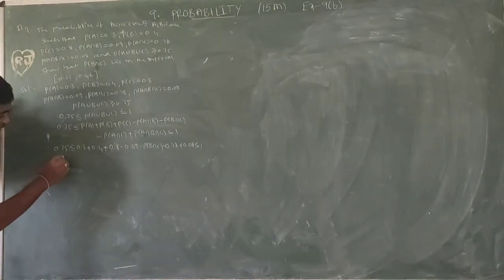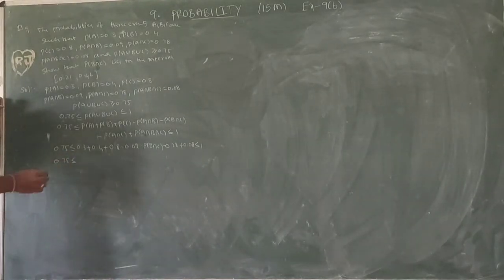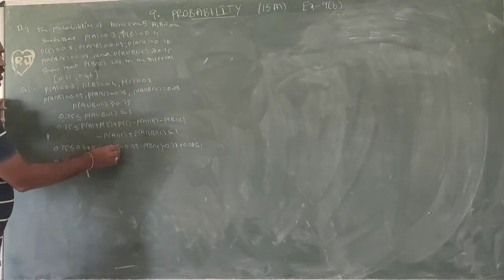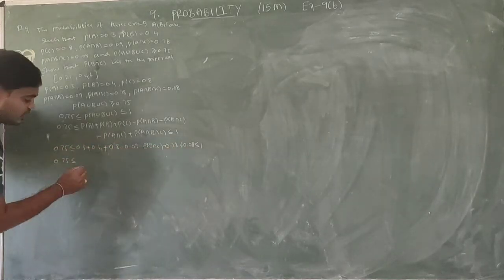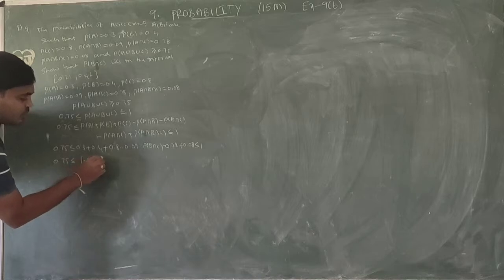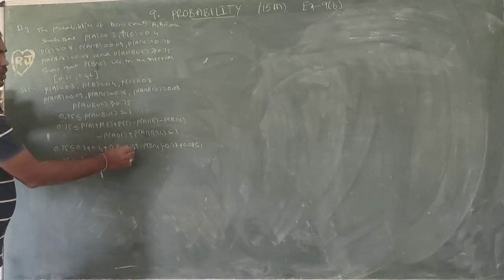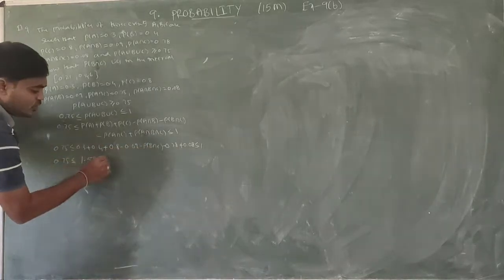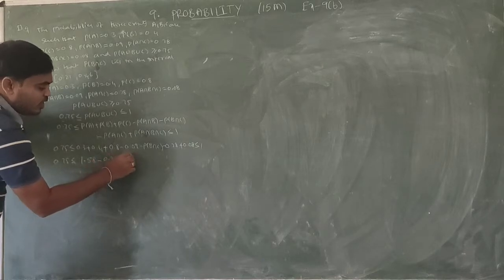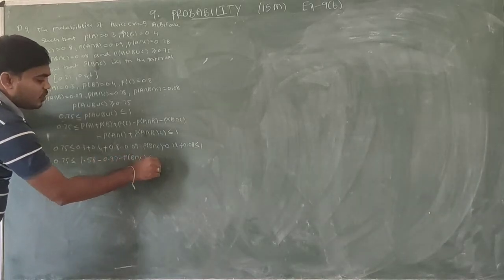So 0.75 ≤ 1.5 + 0.08, that is 1.58, minus 0.09 and 0.28, that is 0.37, so minus 0.37, minus P(B∩C) ≤ 1.